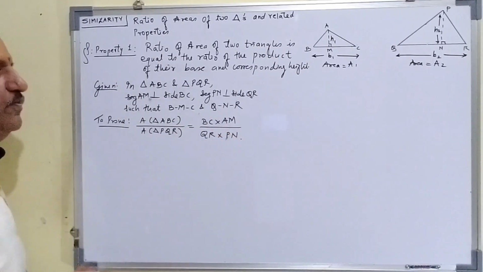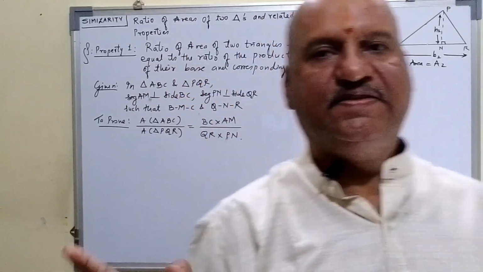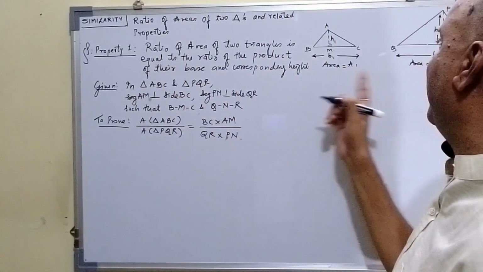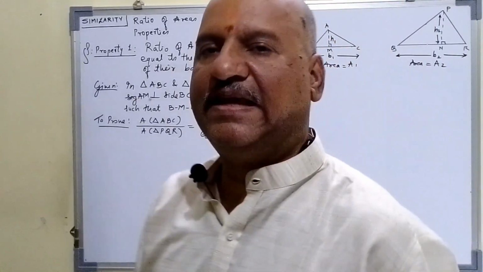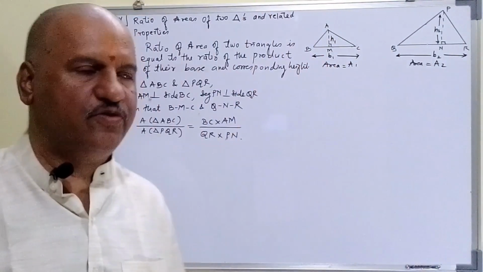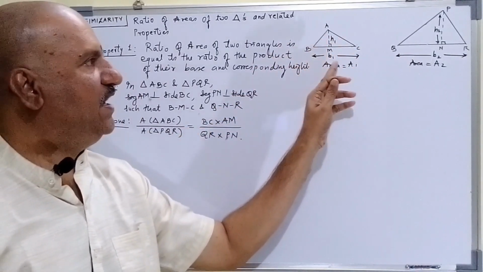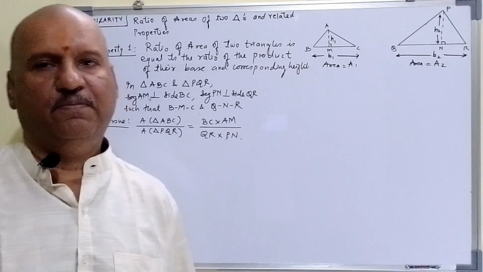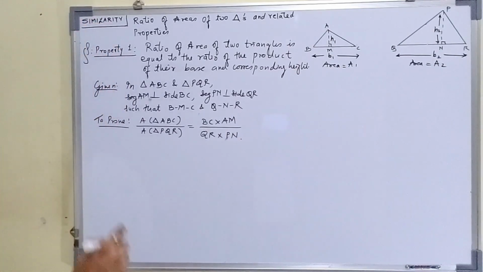This we have to prove. Here, both bases B1 and B2, that is BC and QR, are not equal. In the same way, the heights of both triangles, H1 and H2, are not equal. That means AM is not equal to PN. Heights and bases are not equal. Let us start now. Proof.